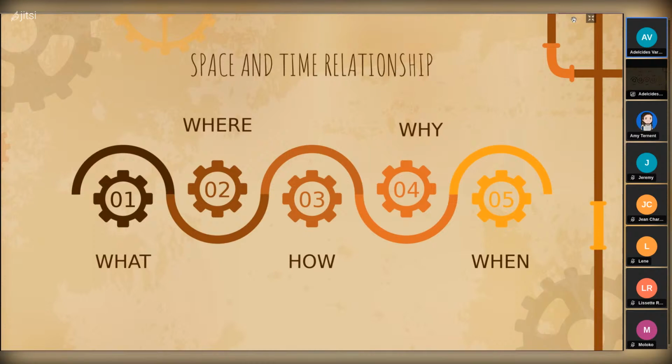The where, the exact location or place where this phenomenon takes place, is usually the realm, I would say, of the GIS professional. And unfortunately, non-GIS professionals assume that it stops at the where: as long as I have a coordinate, that's enough. But we from GIS know that's not enough.